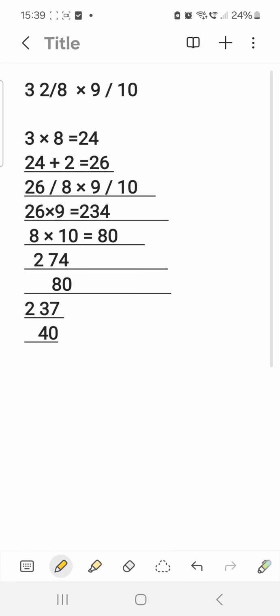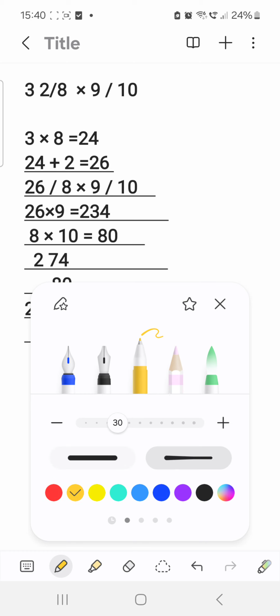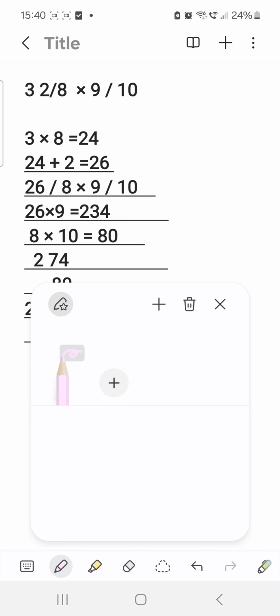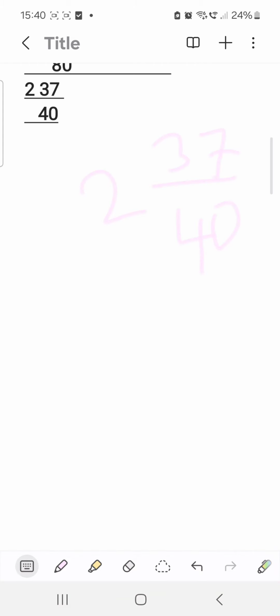So now, you guys get it? So you guys get it now. So the answer should be 37 over 40. Now I'm going to do another one for you guys if you guys don't understand.